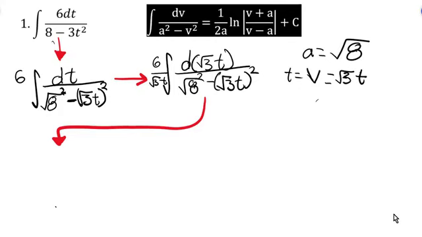Pretty simple. We need to know that it's 1 over 2a, where a is the square root of 8.